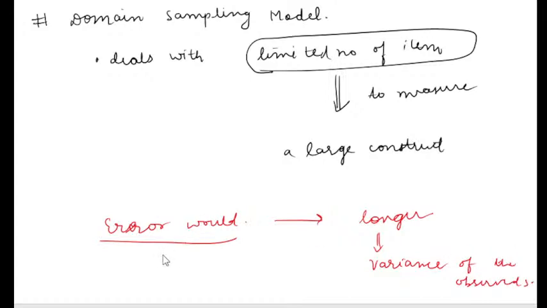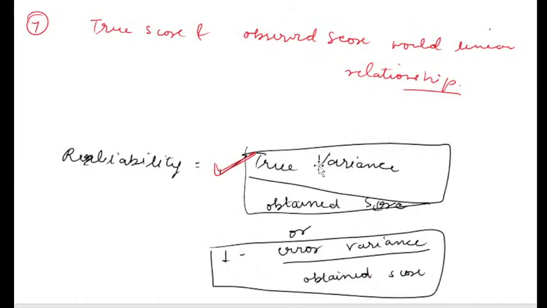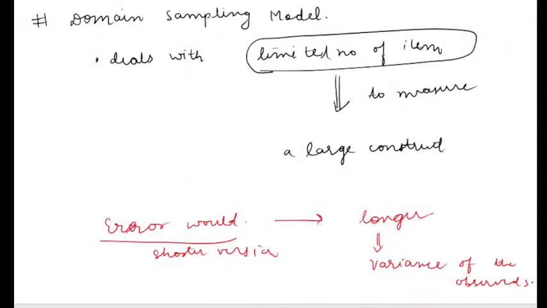But if I am using a shorter version, then I would use this particular formula which we have made, where true variance would be divided by obtained variance. But on a longer version of the scale, the variance of the observed score would also get us the reliability.